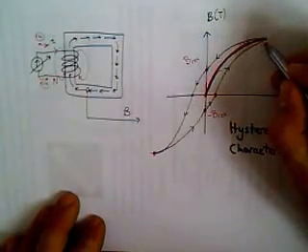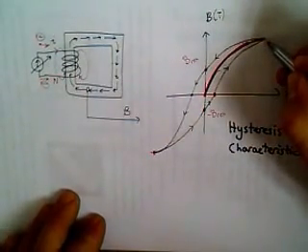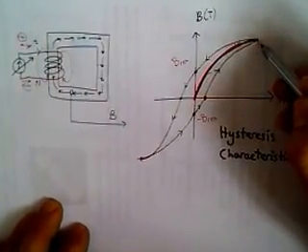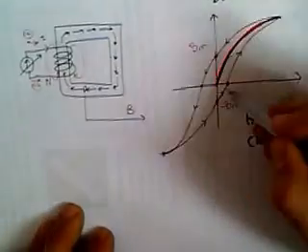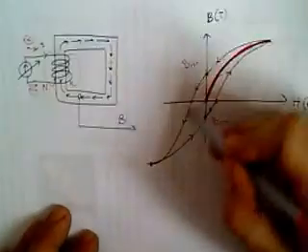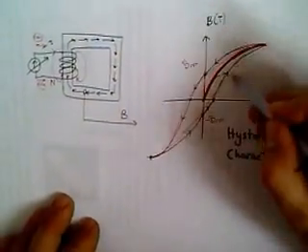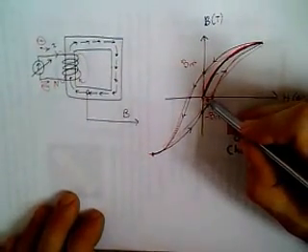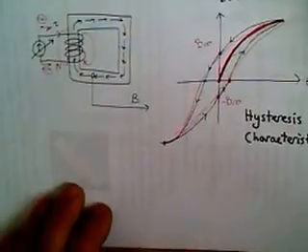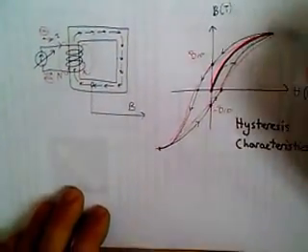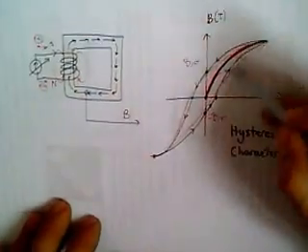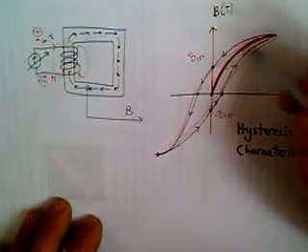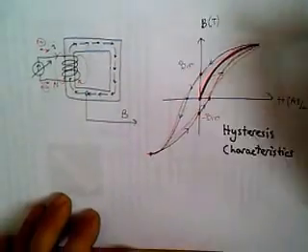As we go on, we end up again at the positive extreme. By alternating the current from positive to negative directions, we follow this outer path. So we cannot reach the origin. This is called the hysteresis effect, and this is called hysteresis characteristics. That means the trajectory does not follow its original, initial trial.